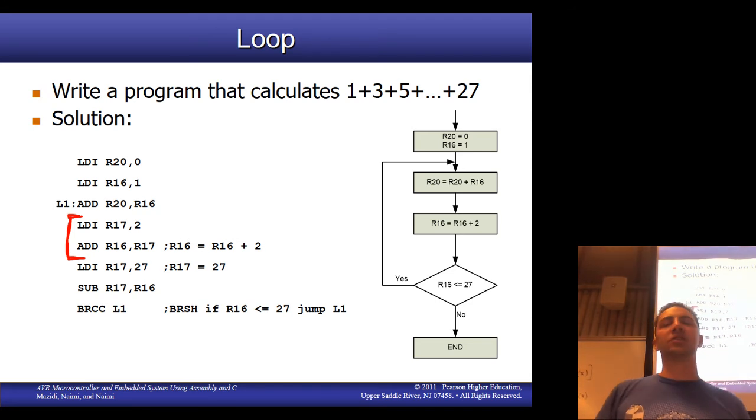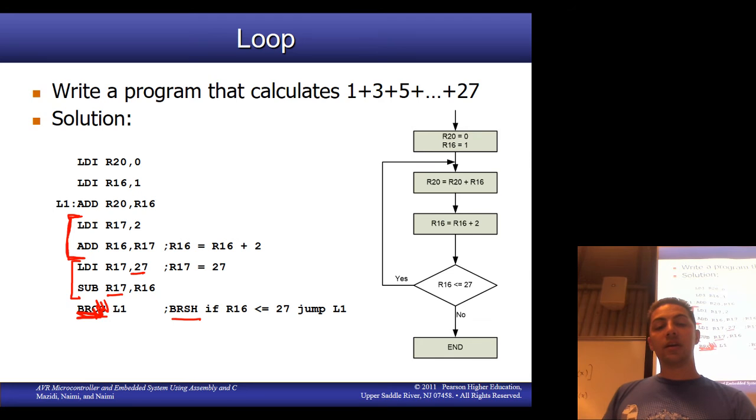And my conditional, since I want to go up every time through the loop, I need to load up 27, subtract, and then do a branch if same or higher than. And again, carry clear doesn't tell you what you're trying to do. Same or higher than does.